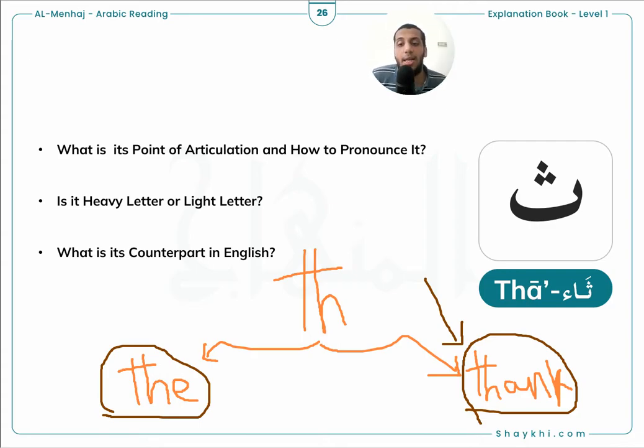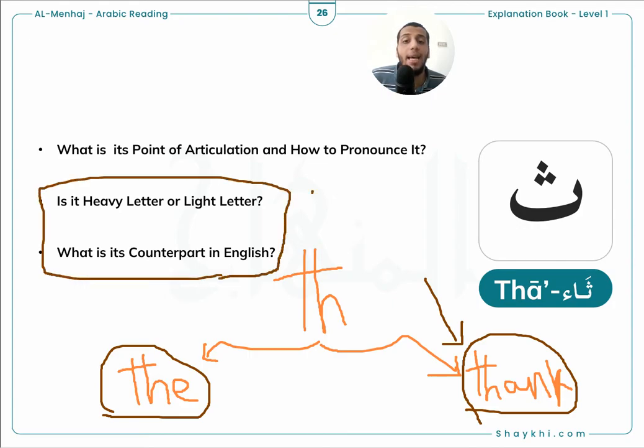So we can summarize these two points by saying that this letter is a light letter, and also we can say a tongue letter because the tip of the tongue touches the bottom edge of the upper front two incisors.